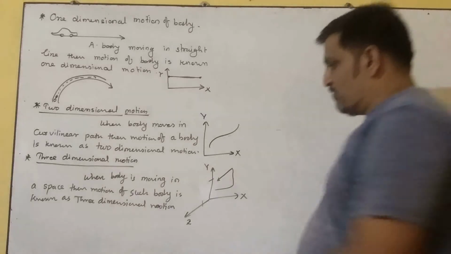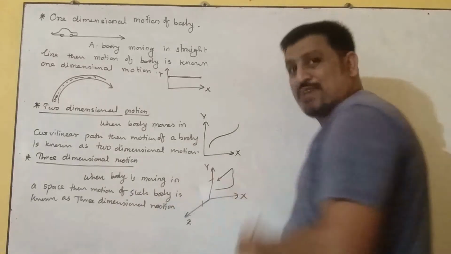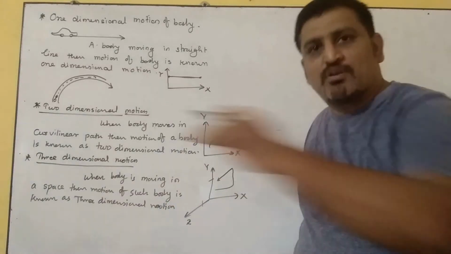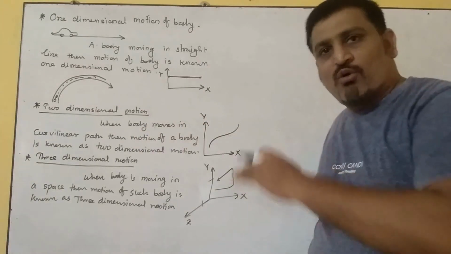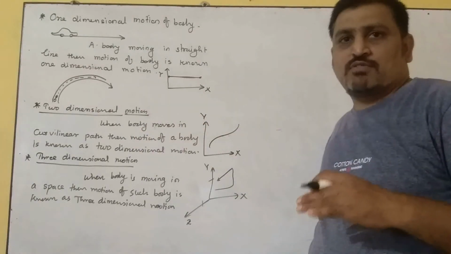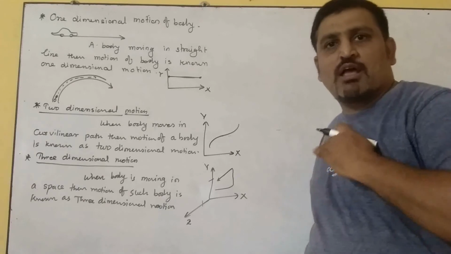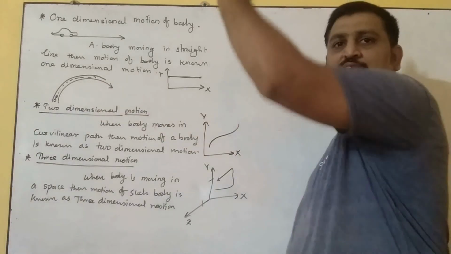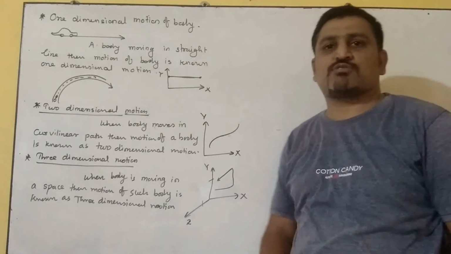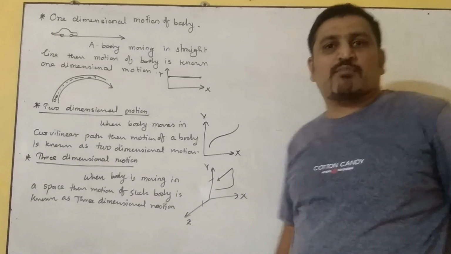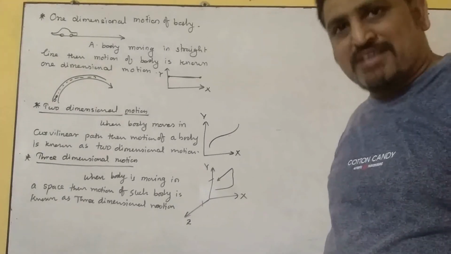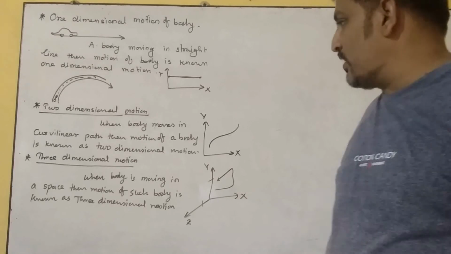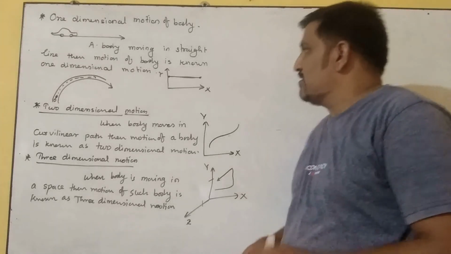So here we find the 3 dimensions in the space, because there is no actual path as a road on the earth. So that body can move along the x-axis, along the y-axis, or along the z-axis. So such type of motion gained by the body which is moving in a space is known as 3-dimensional motion.